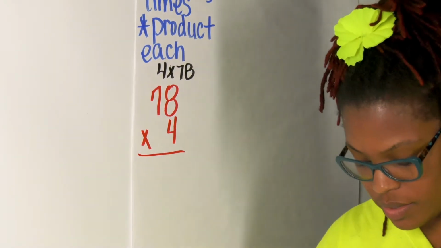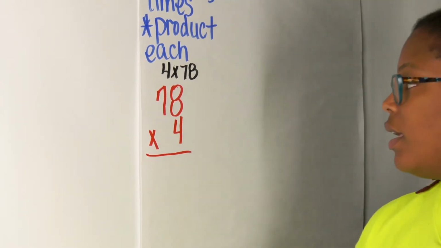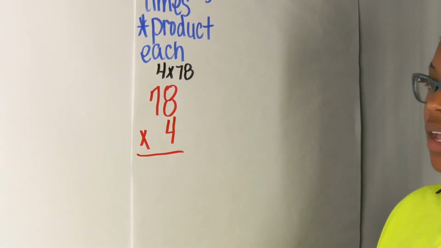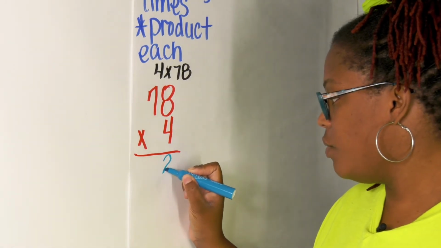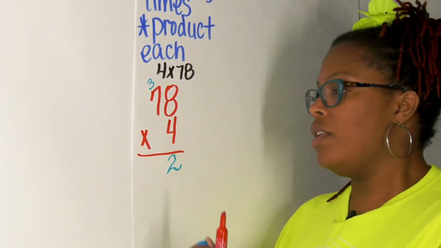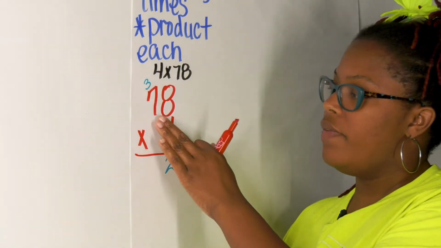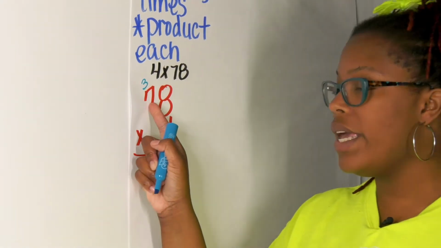So now let's get into the actual math. First, we will multiply 4 times 8, which is 32. So we bring our 2 down and carry our 3. Then we multiply 4 times 7, which is 28.